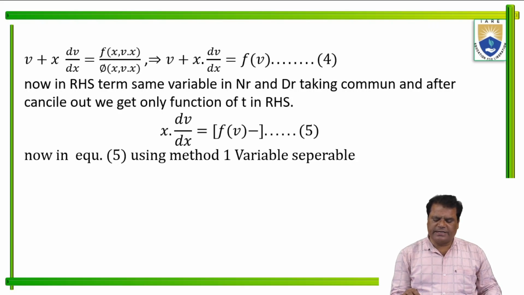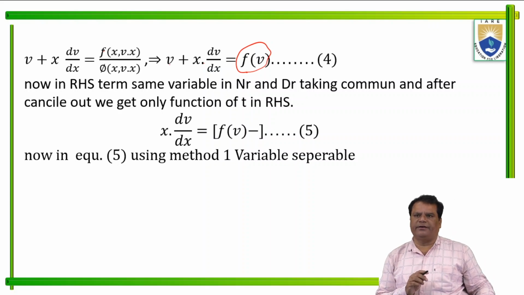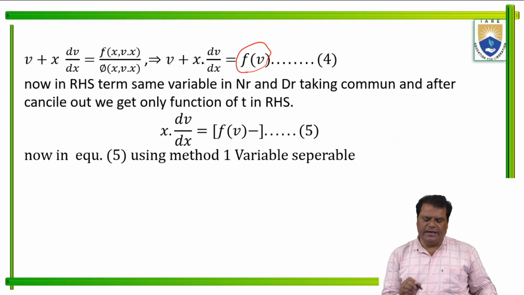So x cancels out. Here we get only a function of v, v + x dv/dx. In the RHS, the same variable in numerator and denominator is taken common and cancelled out, so we get only a function of v in the RHS.